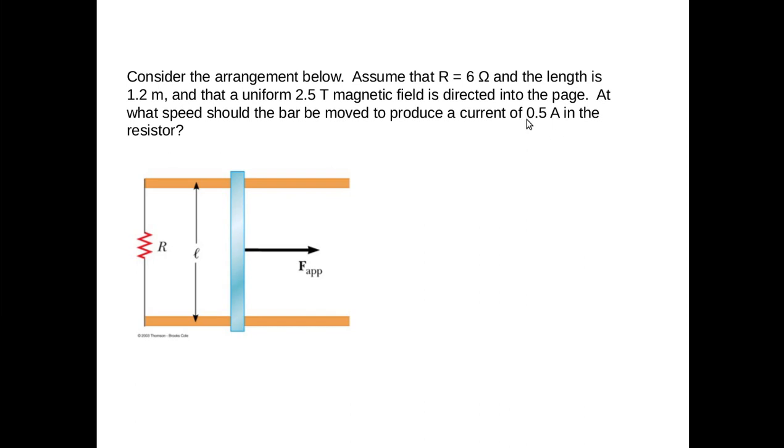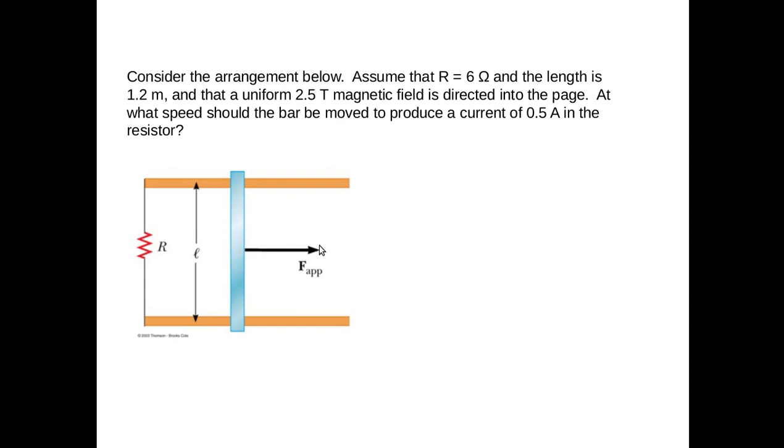So we need the current through this loop to be 0.5 amps. And we've got a resistance, so we can calculate the necessary induced voltage that will result in a 0.5 amp induced current. So we need to find the speed with which we move this bar in this direction.